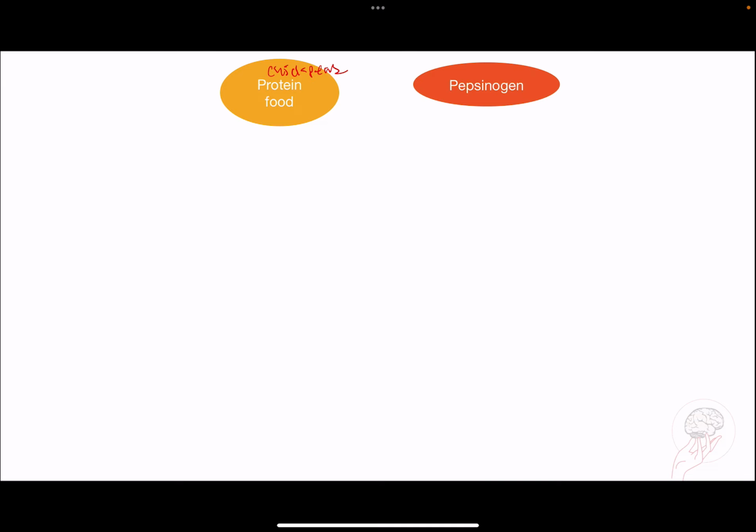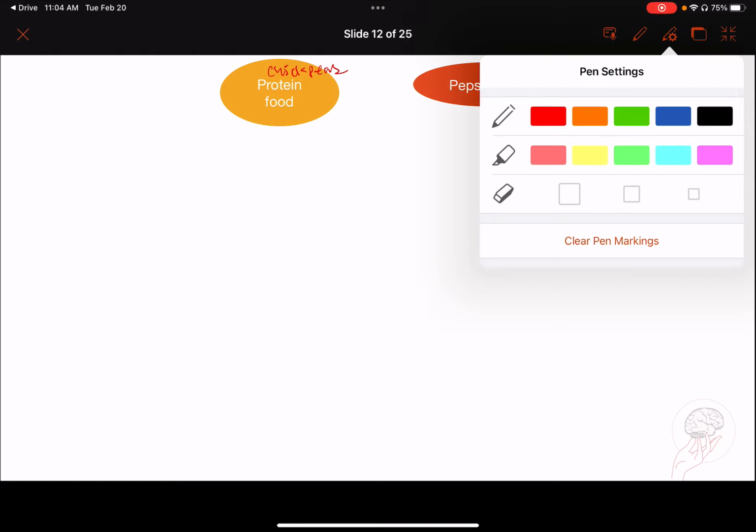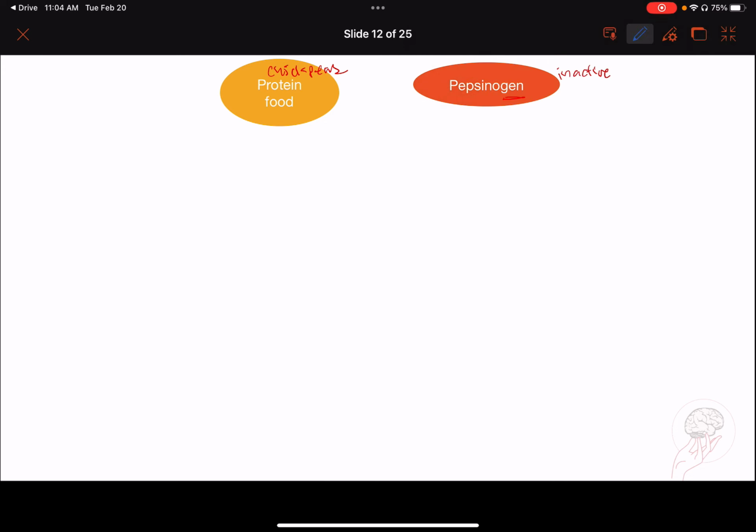First, we have pepsinogen, and hopefully you recall that if it has a gin on the end, it's inactive. I'm going to change the color of my pen because it's hard to see with the orange. We have stomach acid, hydrochloric acid, and that's going to activate pepsinogen into pepsin. Active.